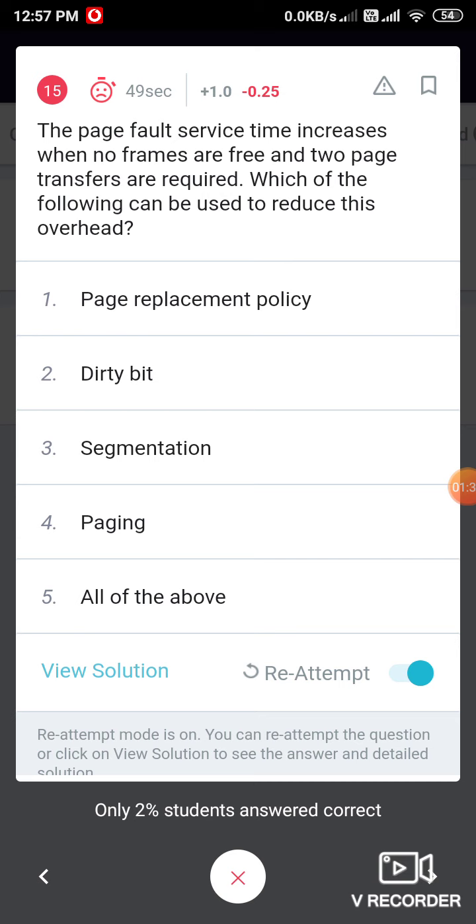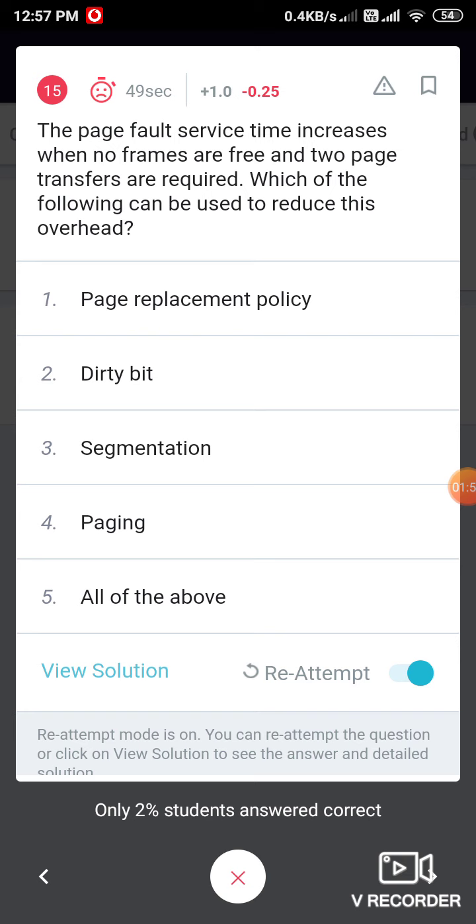In non-contiguous memory allocation there are two types: first is paging and second is segmentation. So options 3 and 4, segmentation and paging, come under the non-contiguous memory allocation technique.